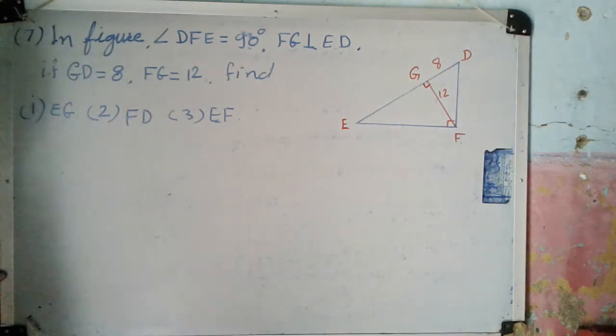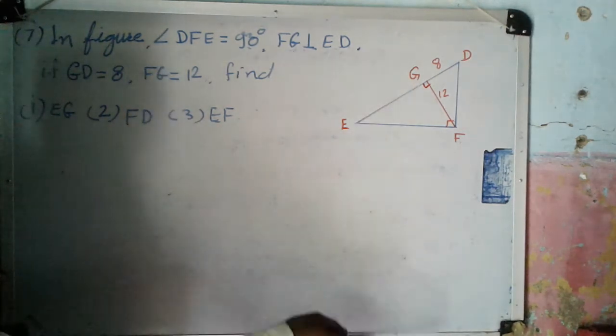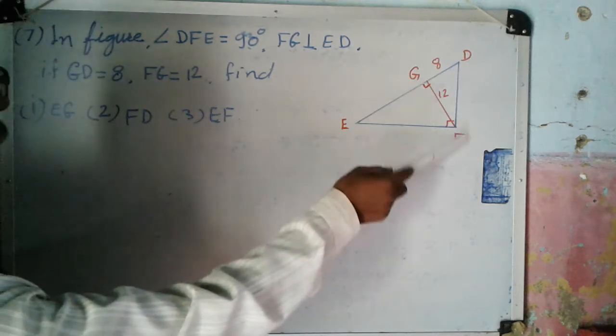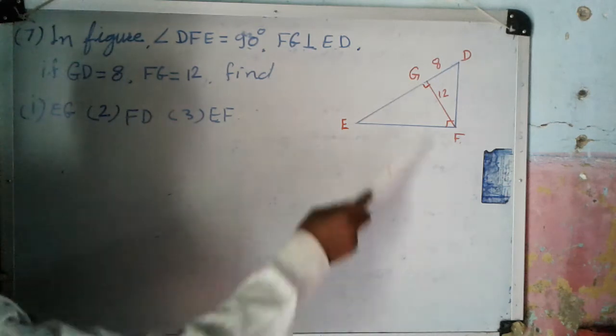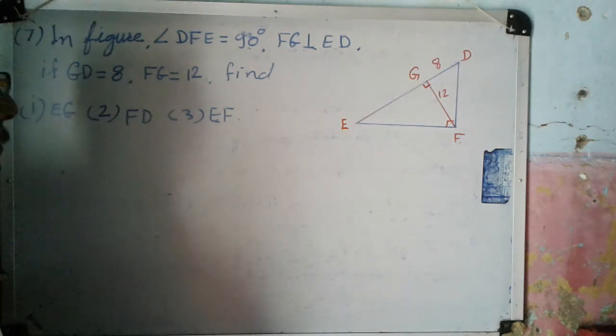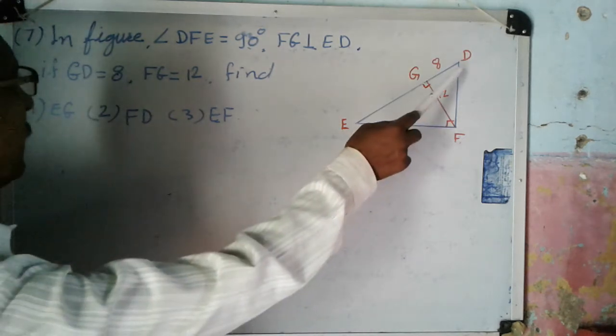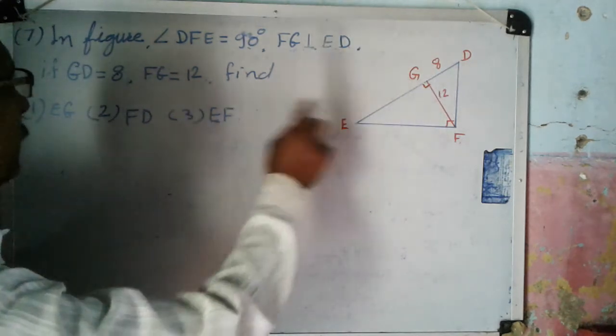Now see here, due to the perpendicular drawn on the hypotenuse, we got two more right angle triangles. First, this is the original right angle triangle DFE.